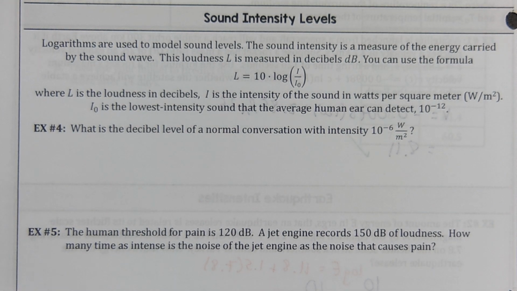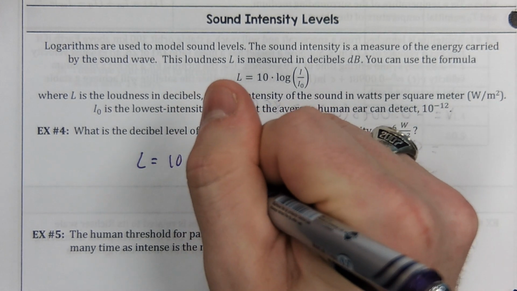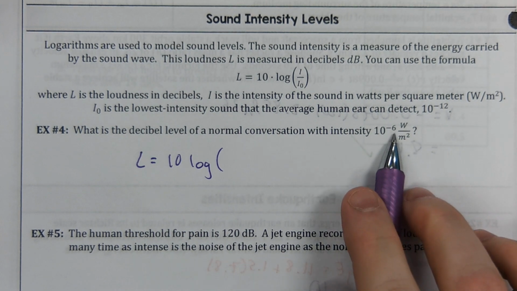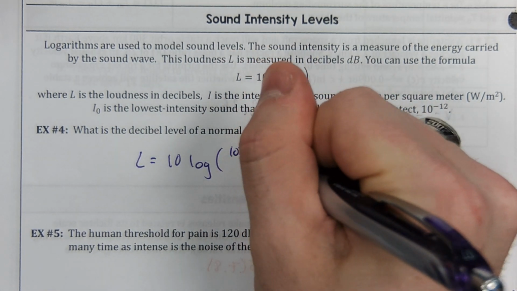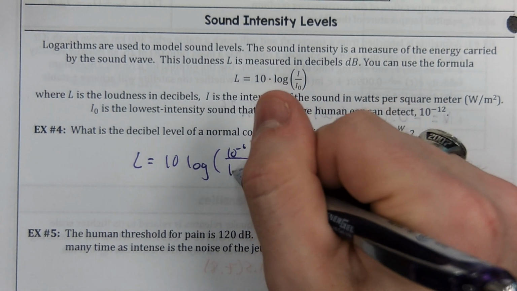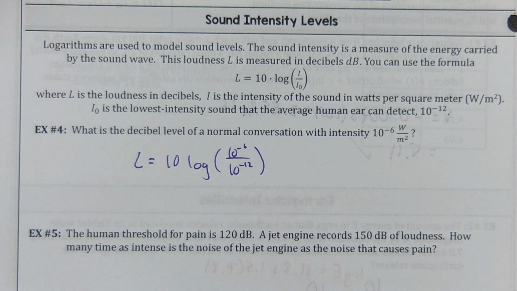We grab our handy-dandy pen and we say the loudness in decibels is 10 times the log of 10 to the negative 6 over this I sub 0, which is 10 to the negative 12. No, you don't have to have the formula memorized.